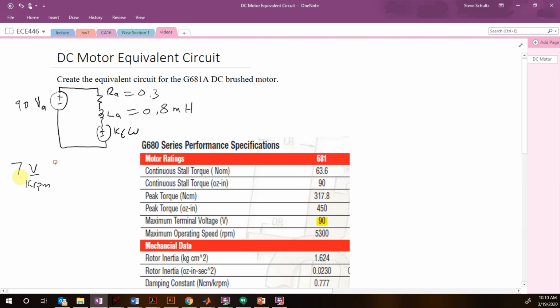So the first thing that we're going to do is divide by 1,000 to get it into volts per RPM, so we have 7 over 1,000 volts per RPM. Okay, and then we want to convert our RPM into radians per second.